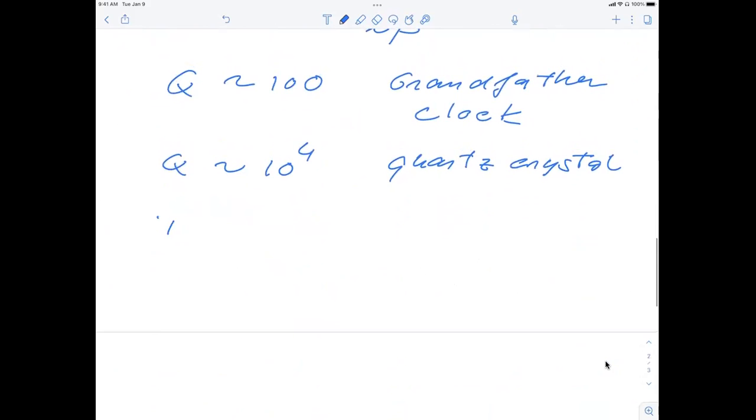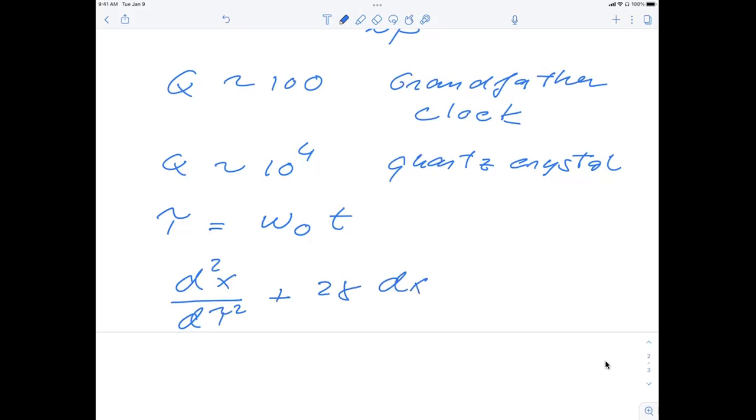We introduced a dimensionless time, which was given by this natural frequency times time. Then we could rewrite the differential equation as d²x/dτ², and we had a factor of 2γ dx/dτ plus x, and that was given by this f0 cosine of omega tilde times tau. This is the external force.